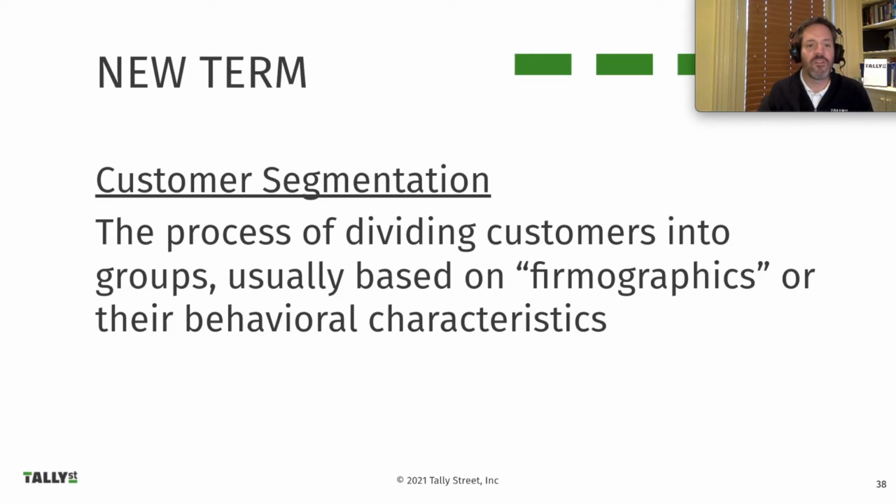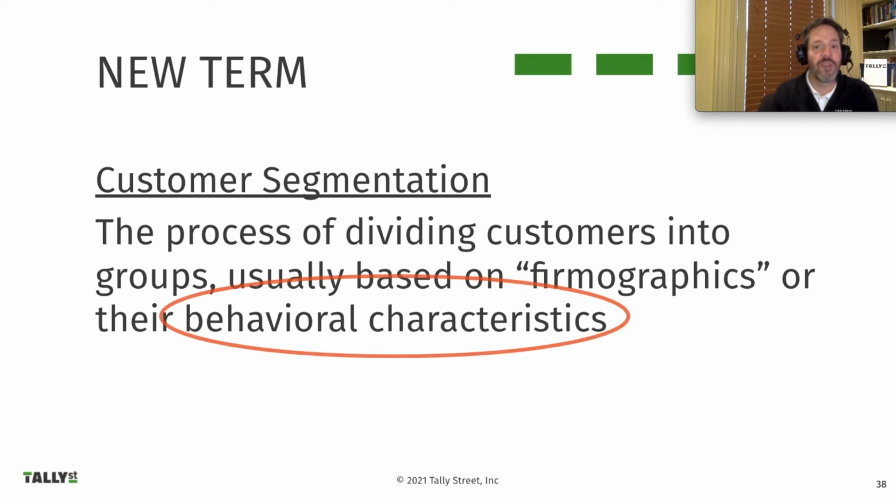Businesses have been doing this a long time based on what's often called firmographics. So how many customers have fewer than 50 employees or more than 200 employees, or how many are in the Northeast versus the West Coast. Another way to look at customers, in addition to that, is on their behavioral characteristics.